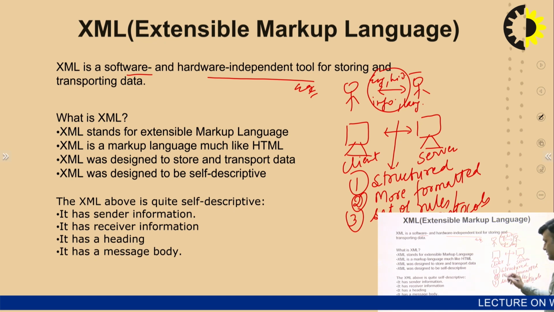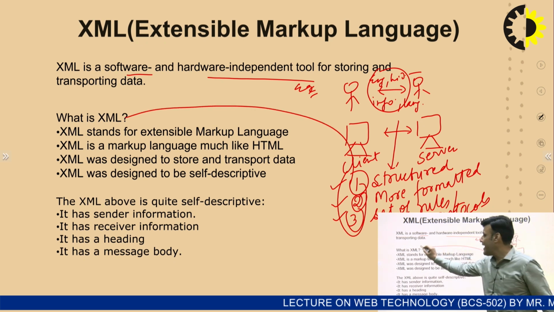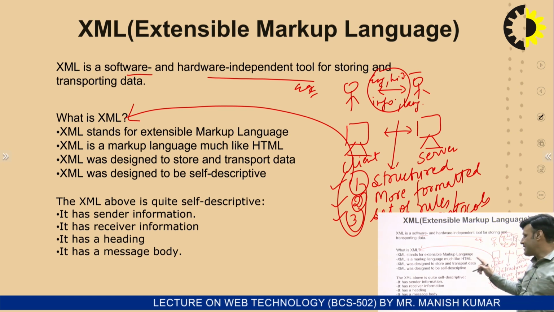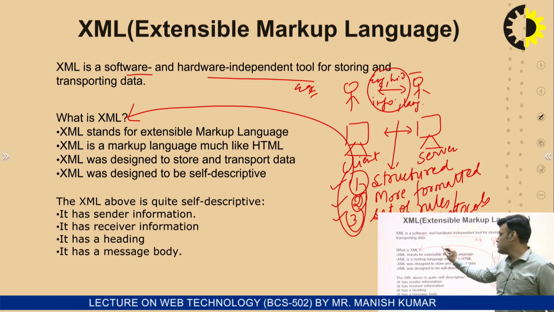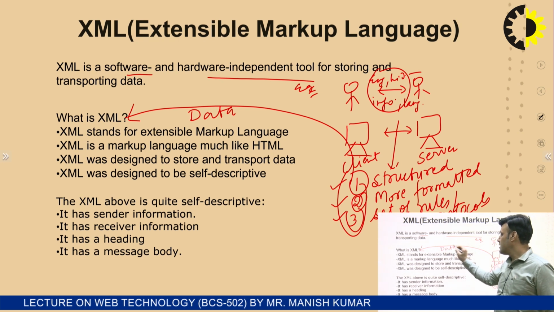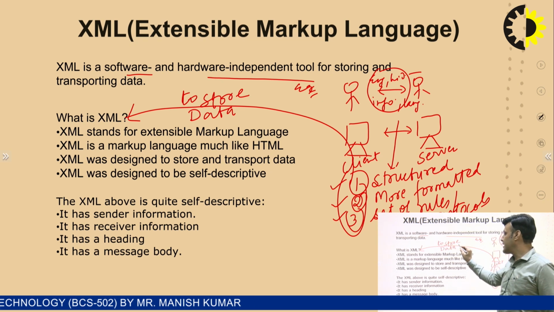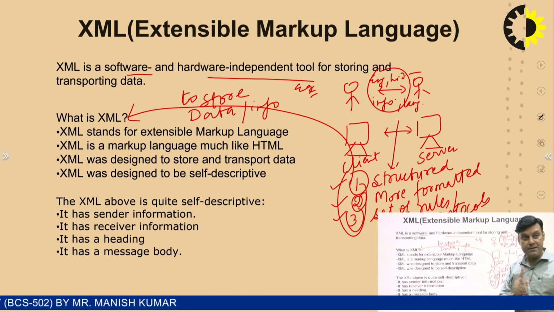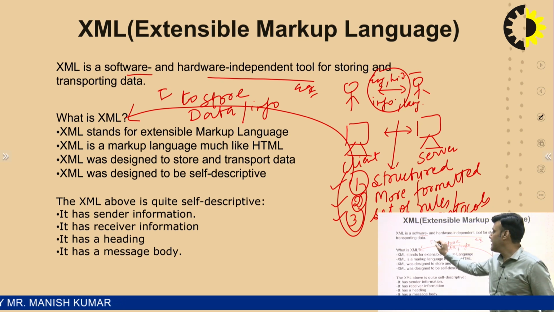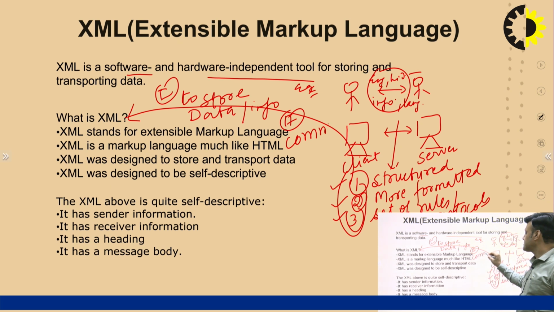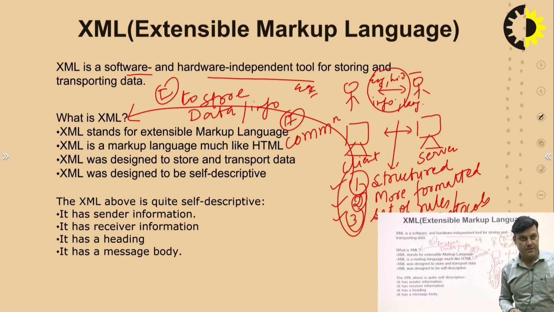So the features which I have written here, these all are the features of XML, right? So for proper communication, we can say that XML is used to store data or information, number 1, and it is used to do communication, right?